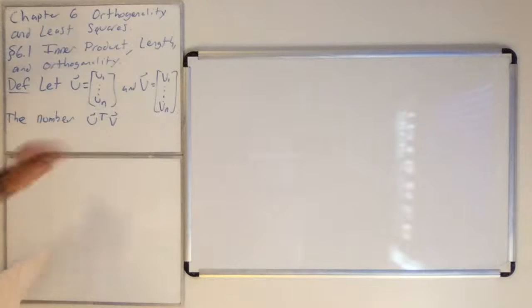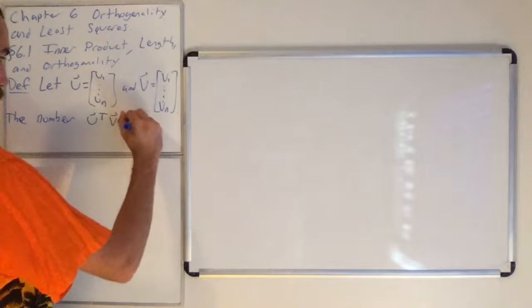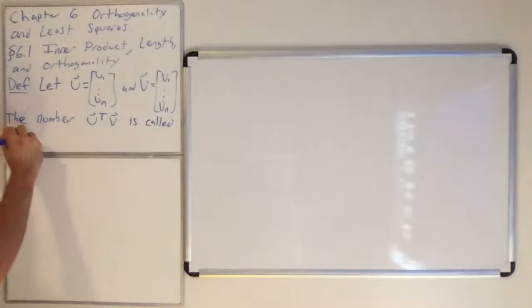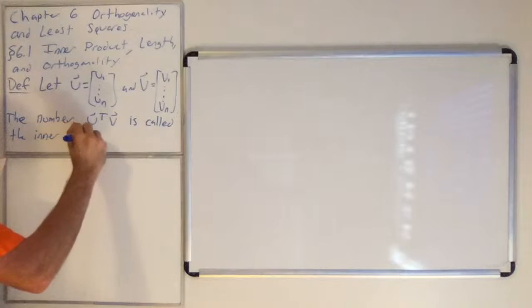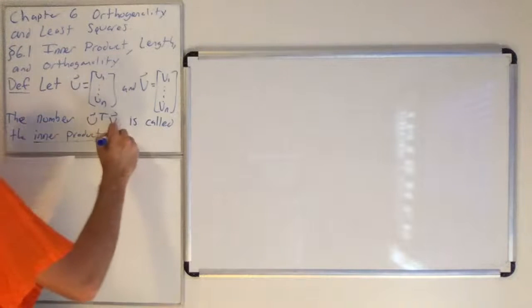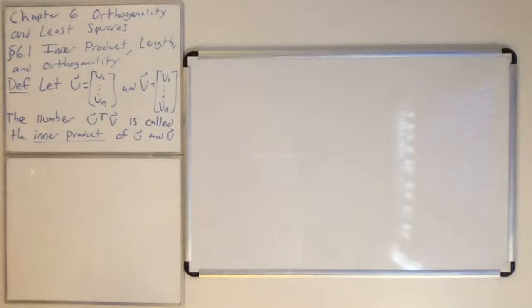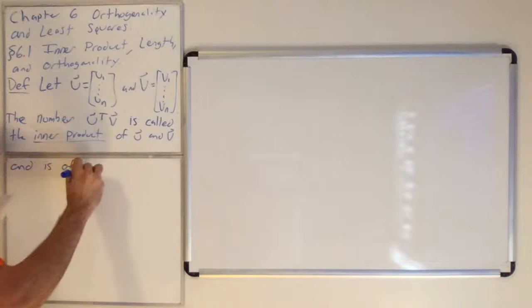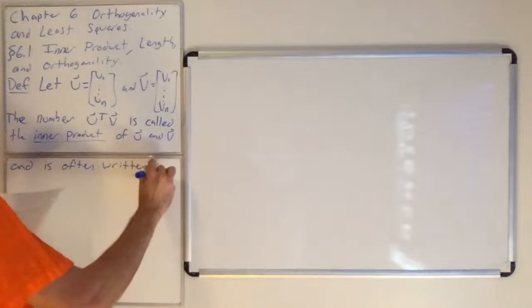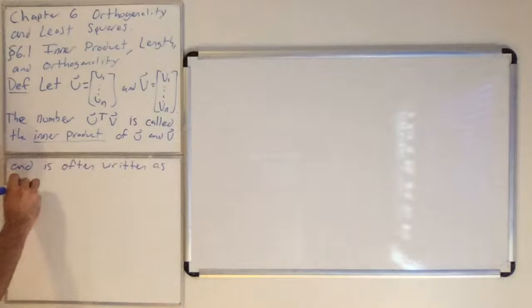The number U transpose V is called the inner product of U and V. It's often written as U dot V. You may hear the term dot product instead of inner product. They're talking about the same exact thing, and it's just U dot V.